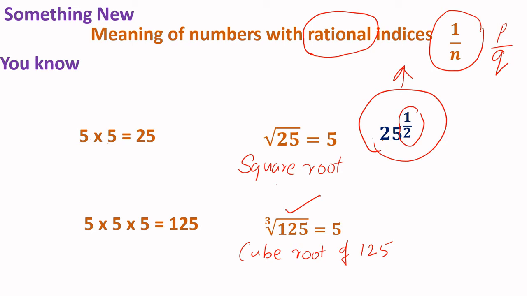That is, 5 into 5 into 5 is 125. Cube root of 125 is 5, means that number which on multiplying itself 3 times you will get 125 is nothing but 5. And if we have to represent this in the form of rational indices, we will represent it like this. I think the matter is clear to you. This is one aspect you are studying as new now. Keep this in mind.